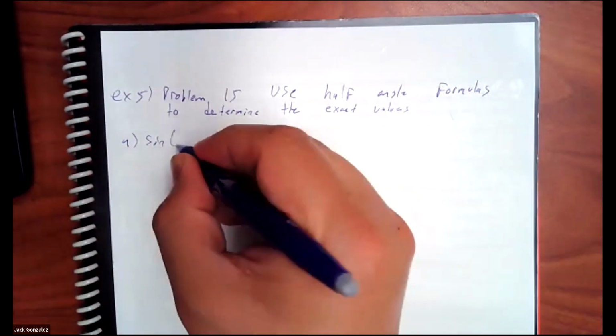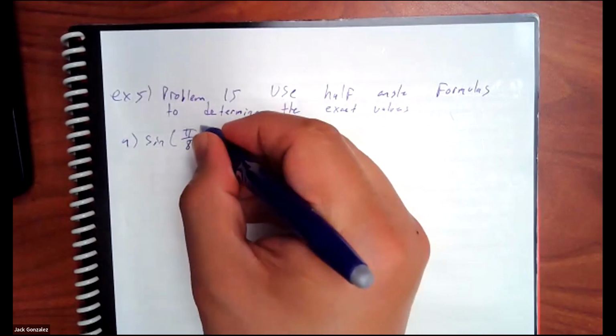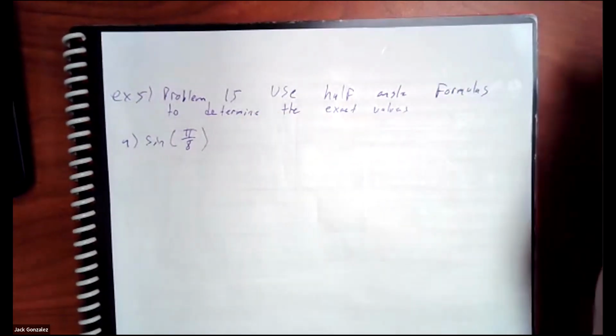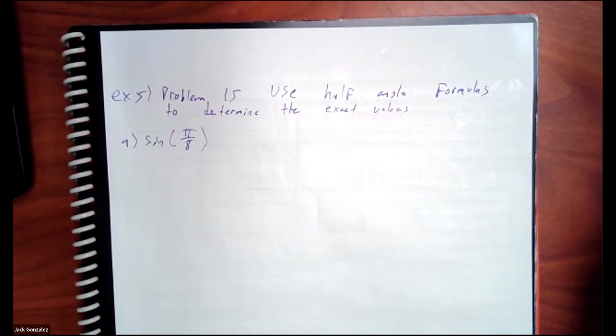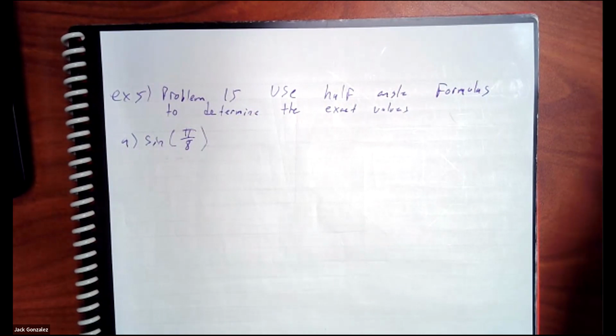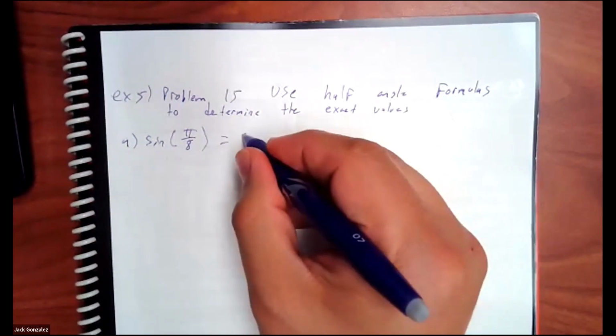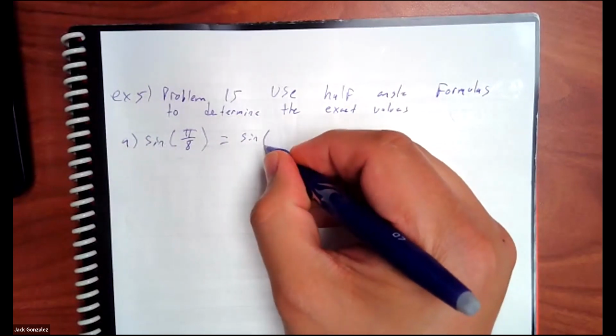So part A is sine of pi over 8. To basically rewrite the question into an angle divided by 2, just so you can apply the half angle. And you want to choose an angle that is on the circle. So this is the idea. We know that half of a quarter is an eighth, right?